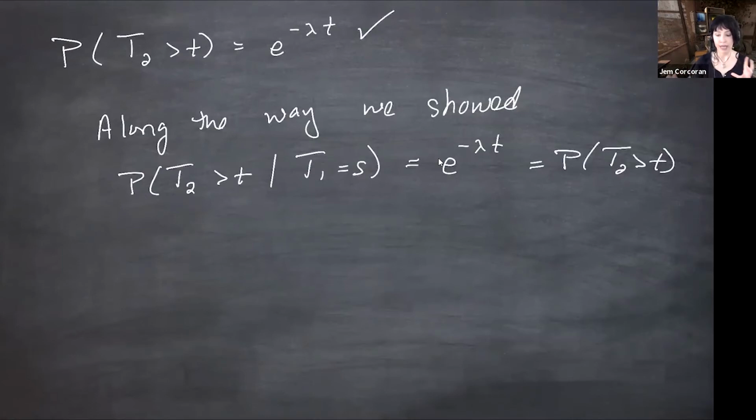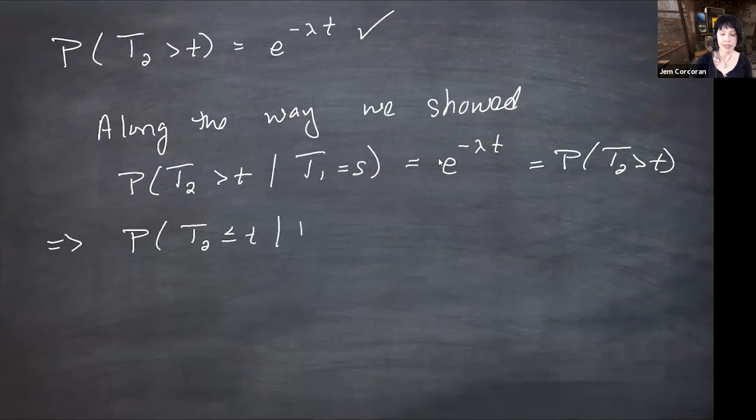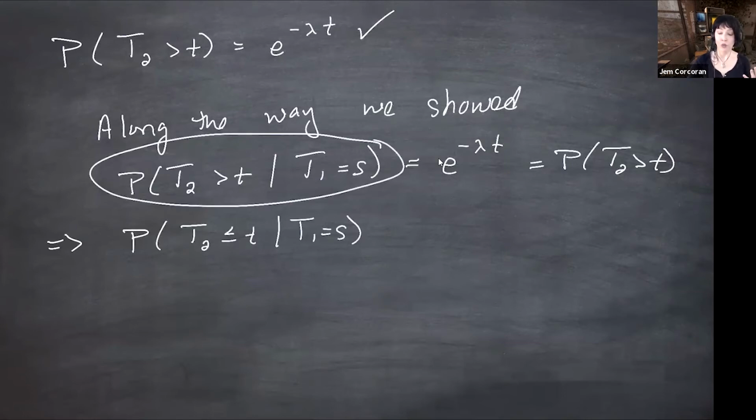But if you don't like it, this is also enough to say that the probability that t2 is less than or equal to t, given t1 is s, this is 1 minus this guy, which is equivalent to 1 minus this guy. Because I already know that those are equal from the line above. So I'm doing a 1 minus on both sides.